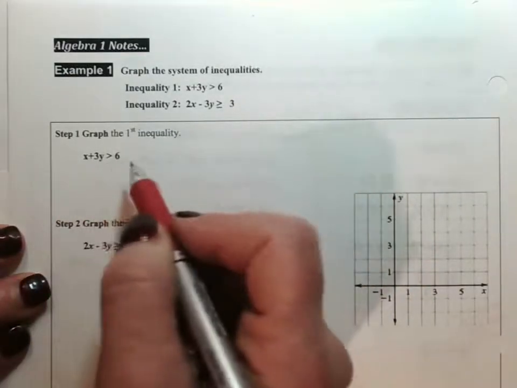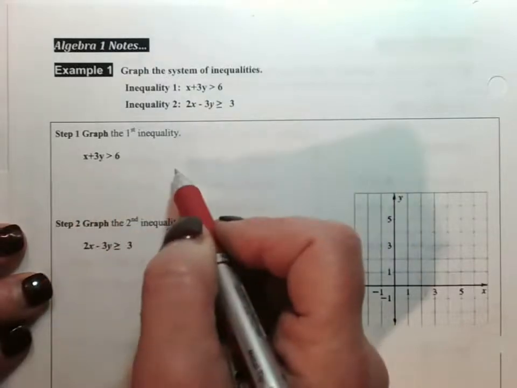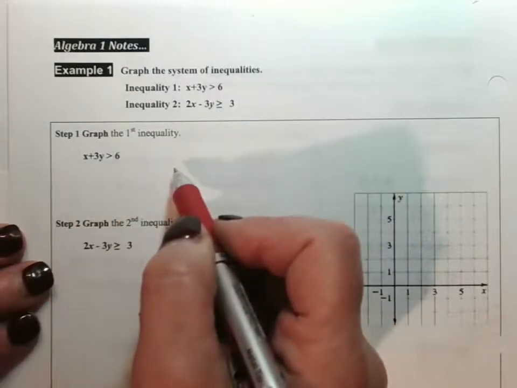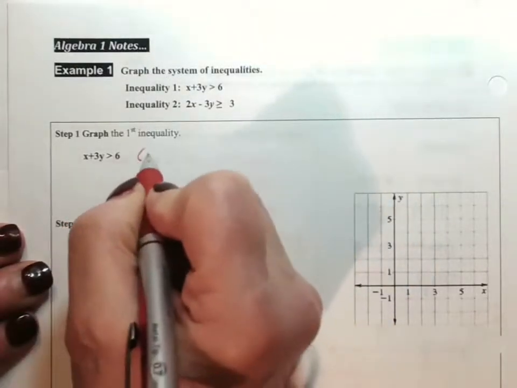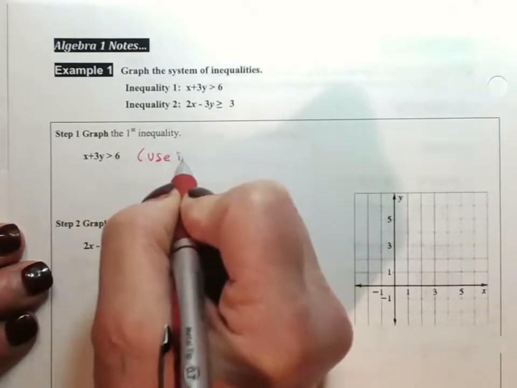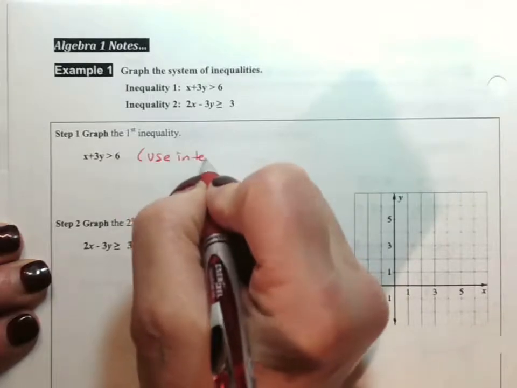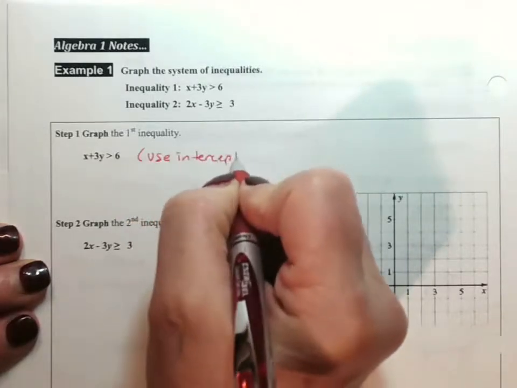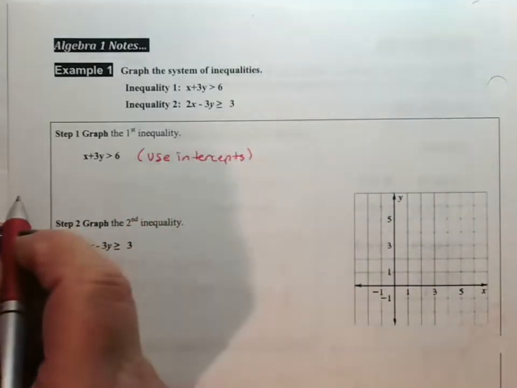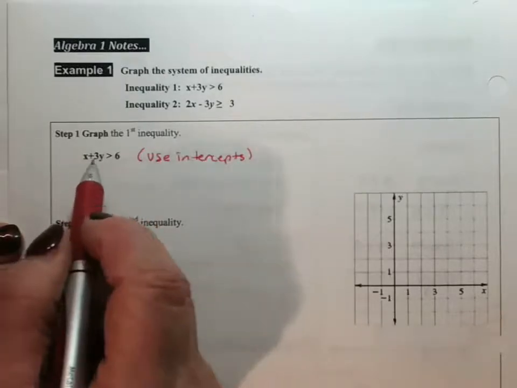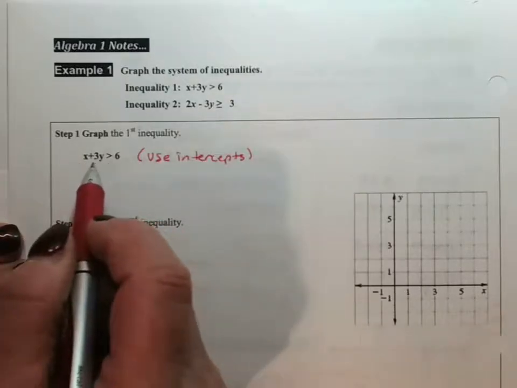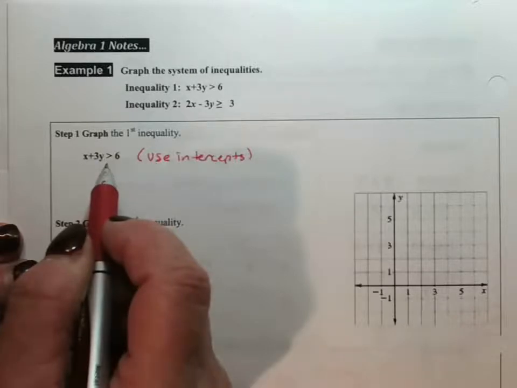And we say to ourselves, what's the easiest way to graph this? Well, the easiest way is to use intercepts, because you're going to get x and y values that are integers.